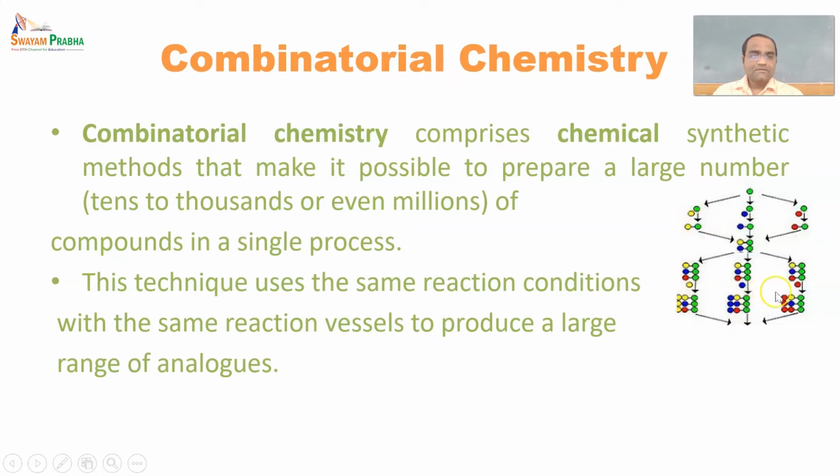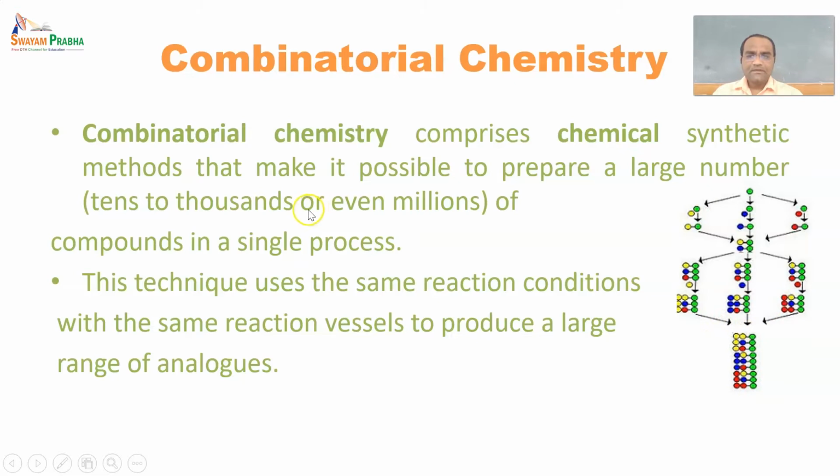So now there are three sequences of compound coupling, and here you can see almost 9 compounds formed from only 3 compounds. In this way combinatorial chemistry works within a single reaction vessel. These reactions can be carried out, and now these are the products which are available.